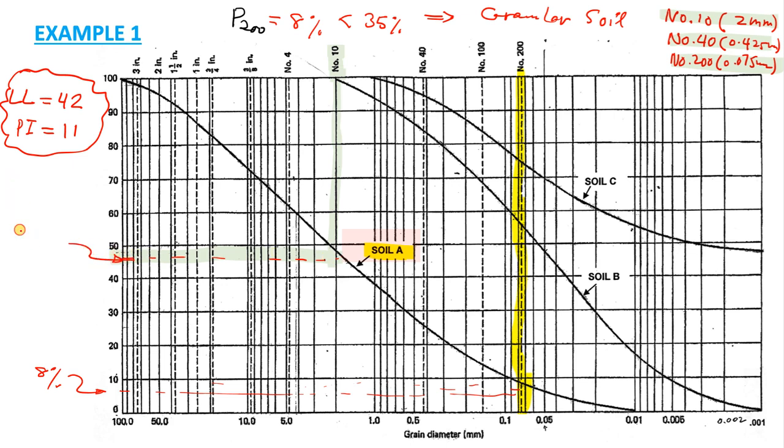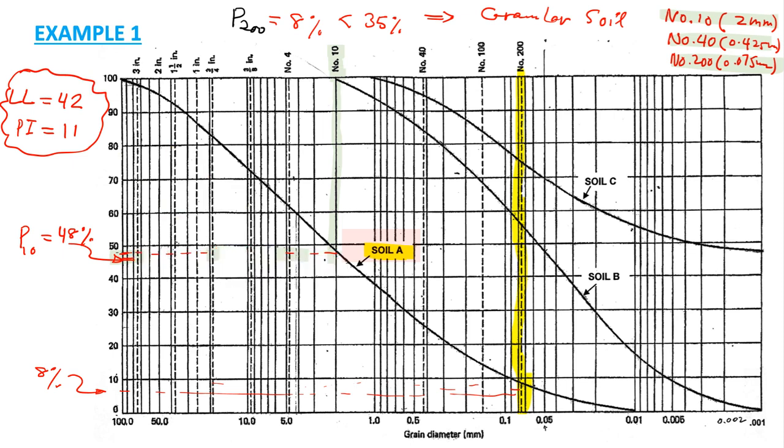I can say that this P10 is close to 50. It is less than 50. So let me take it as 48%. When you draw this line with a scale, it is going to be more accurate. So it is close to 48. So this is 48%. Let me clear this.